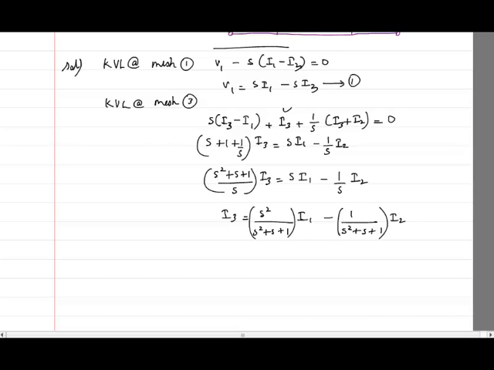Okay, so I have got I3 with respect to I1 and I2, so this I will write as equation 2.